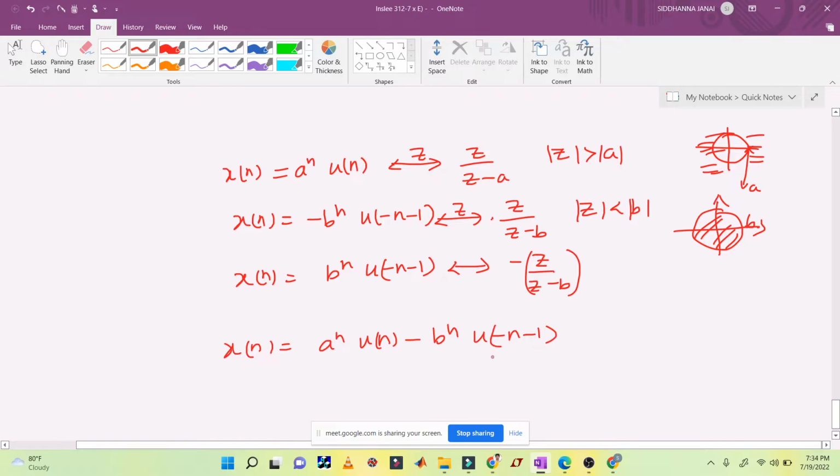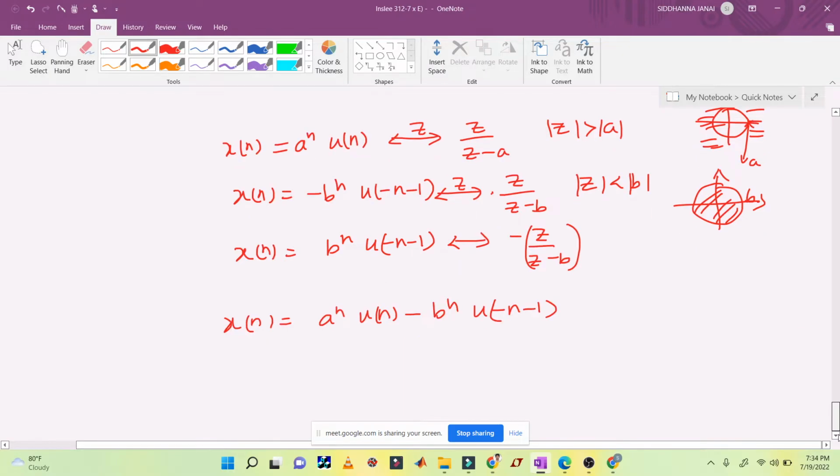This is a two-sided sequence. This is the third problem, very very important, a double-sided sequence. For this one, we need to find what is X of z.